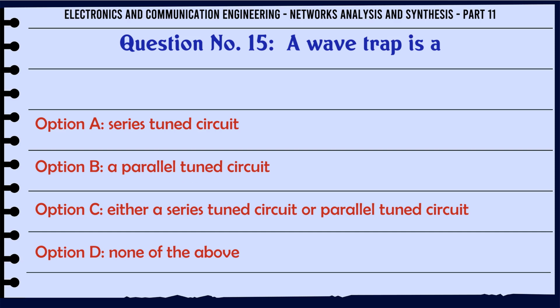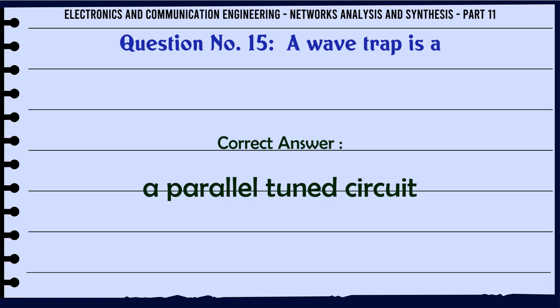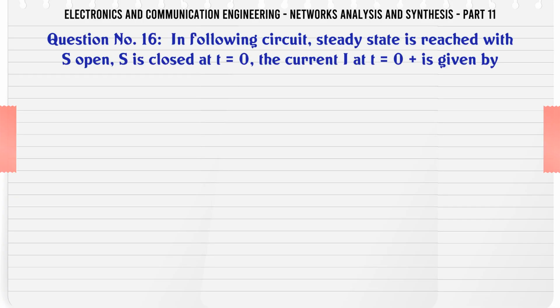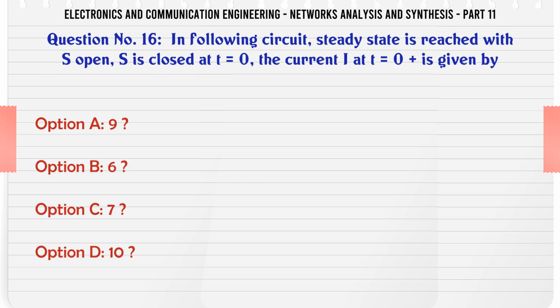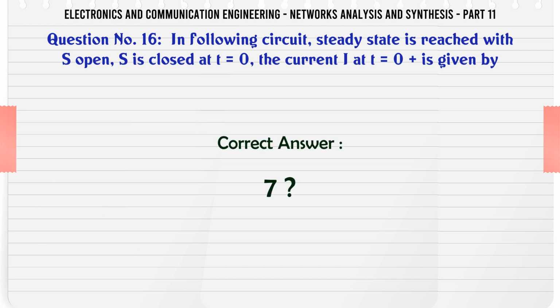The correct answer is a parallel tuned circuit. In the following circuit, steady state is reached with S open, and S is closed at t = 0. The current i at t = 0 is given by A 9, B 6, C 7, D 10. The correct answer is 7.